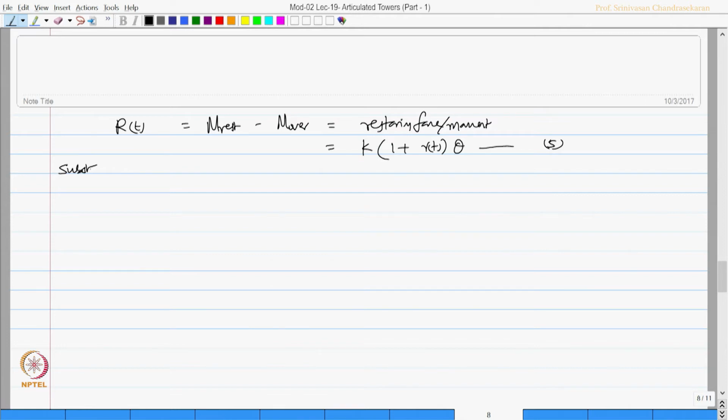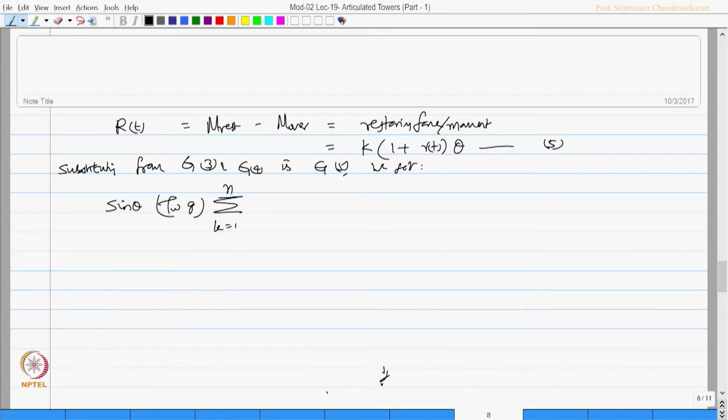Now, substituting from equation 3 and equation 4 in equation 5, we get sin theta rho w g summation k equals 1 to n of Sk Vk minus sin theta summation k equals 1 to n Sk Wk is equal to k 1 plus r t of theta.